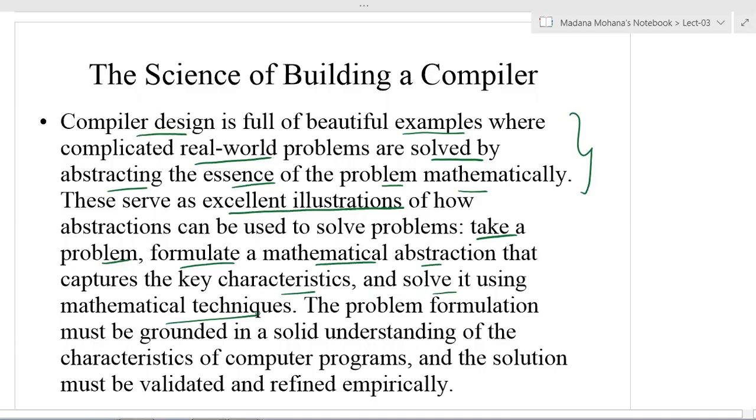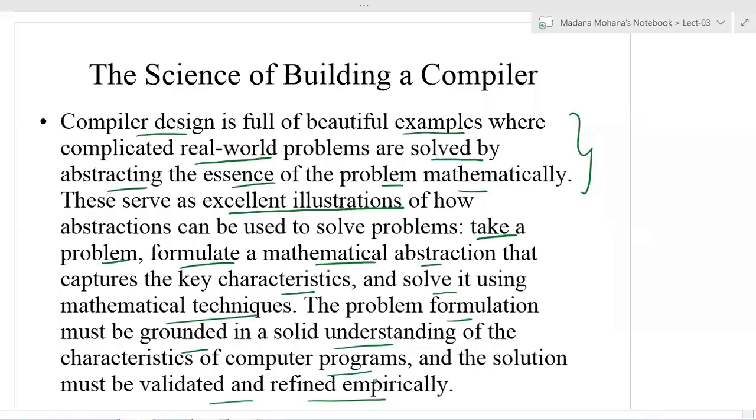So this is the main objective in solving a problem, the role of a compiler. The problem formulation must be grounded in a solid understanding of the characteristics of computer programs, and the solution must be validated and refined empirically.